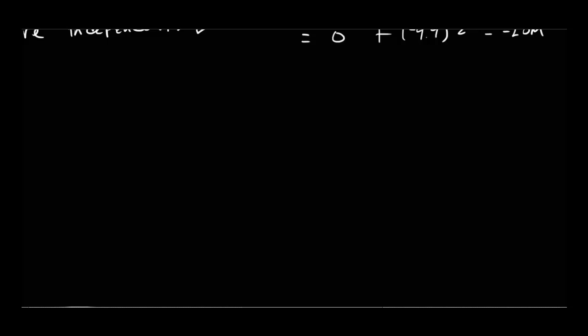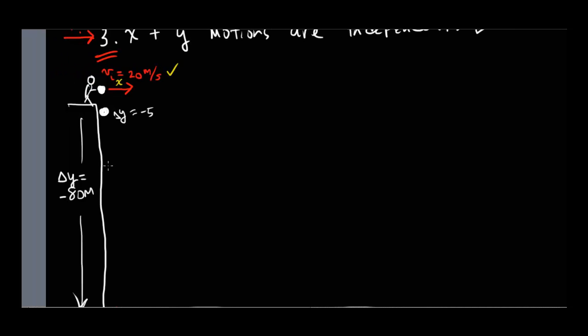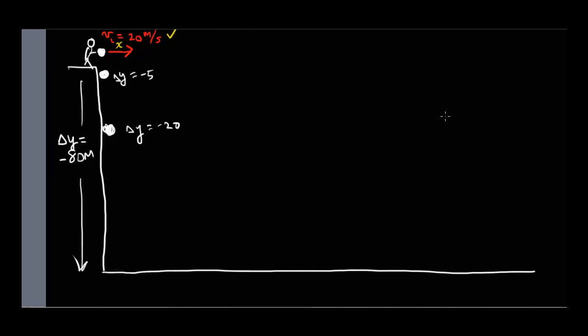So back to our picture. After 2 seconds, here it is, delta y equals negative 20. And I could keep going. And I'm going to find out after 3 seconds it's gone down about 45 meters. And it's going to take about 4 seconds to get all the way down to the bottom. Delta y equals negative 45.